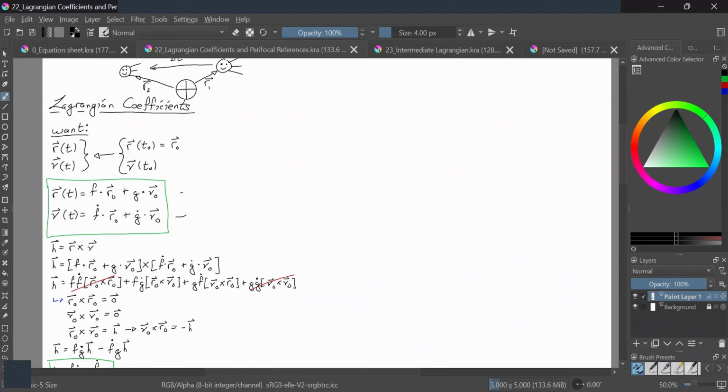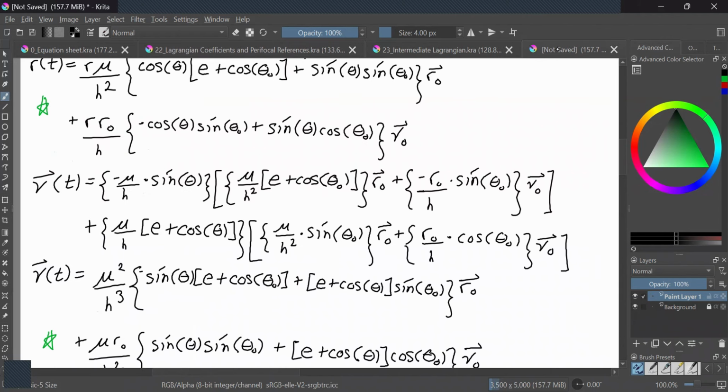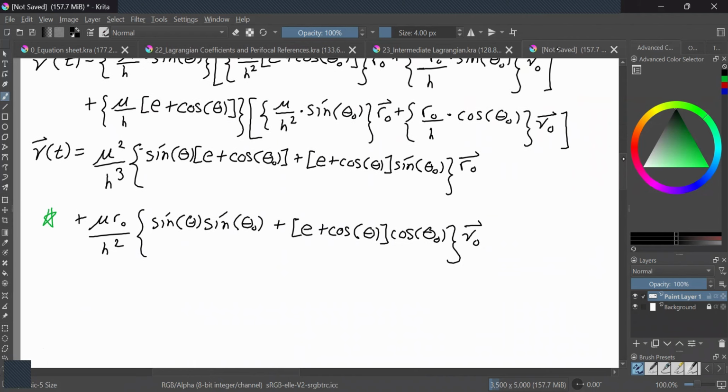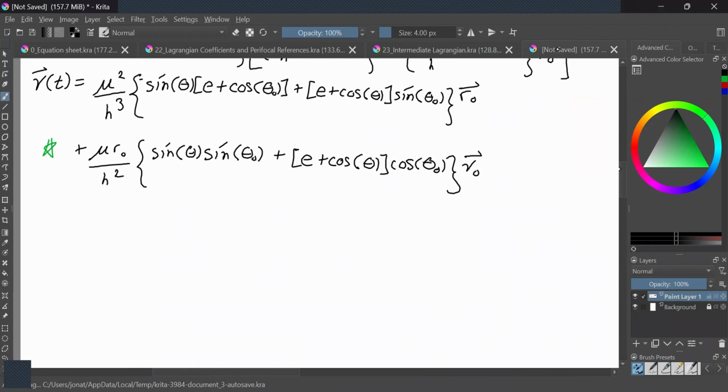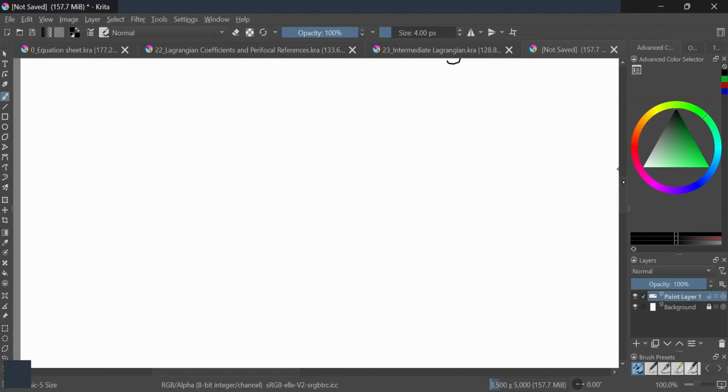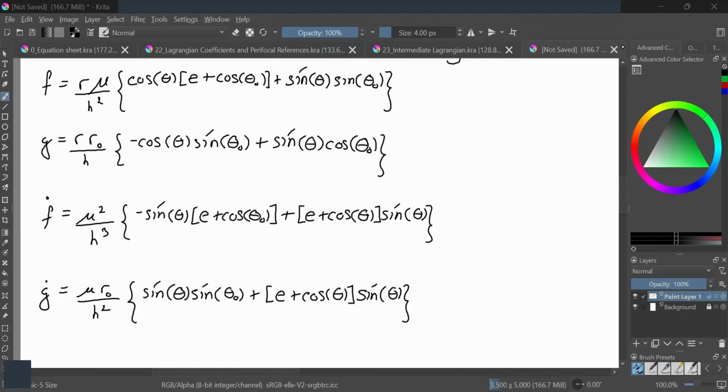And for our V component, we have F dot R naught plus G dot V naught, which we have for our R component, a term times R naught and a term times V naught. Similarly, for our V, we have these. So give me one moment while I copy these down. I'm going to scroll down here to copy them down. One moment. All right, welcome back.